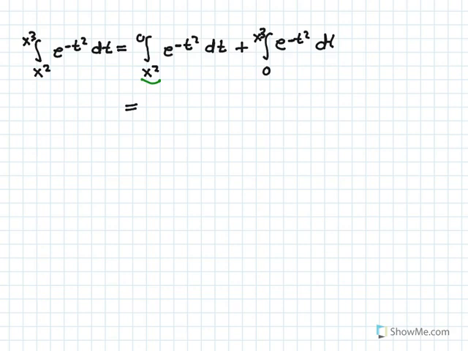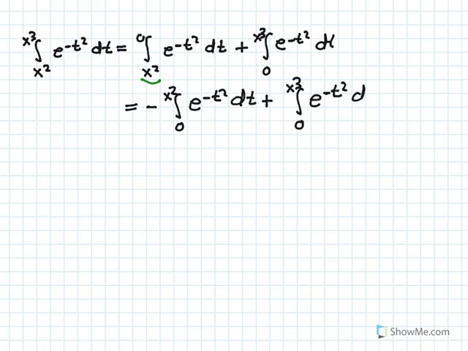So we have to interchange the limits of integration, and we need to put a negative in the front. So that's minus the integral from 0 to x squared, e to the minus t squared dt, plus the integral from 0 to x cubed, e to the minus t squared dt. And let's write the left-hand side: that's x squared to x cubed, e to the minus t squared dt.